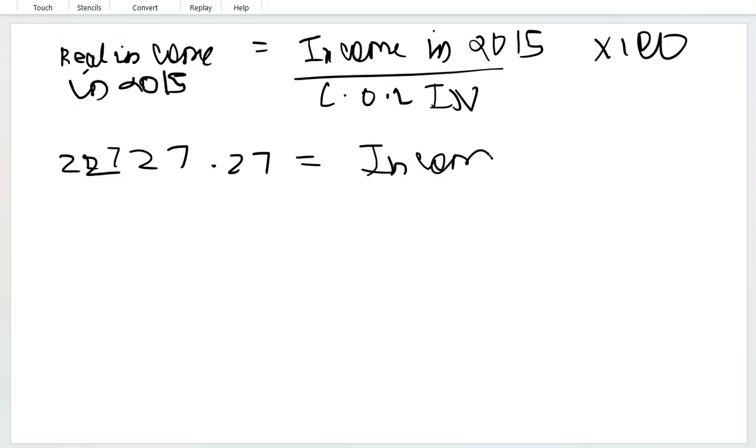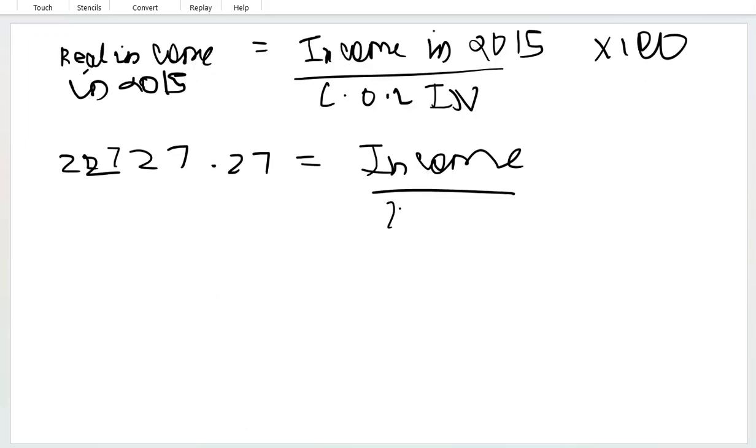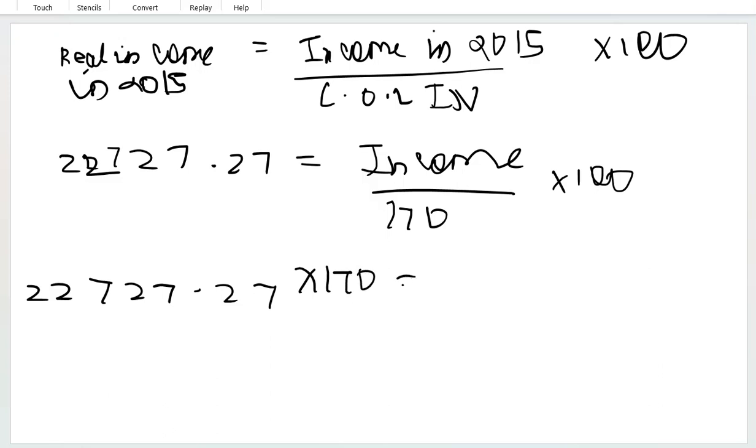If you observe, income is something we have to find. The cost of living index number is nothing but 170, into 100. We do the calculation: 22,727.27 into 170 will be income into 100.